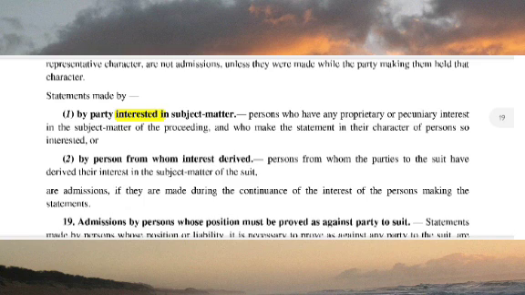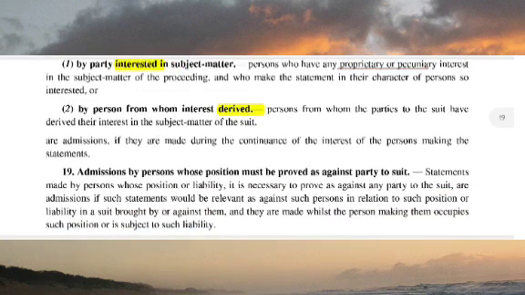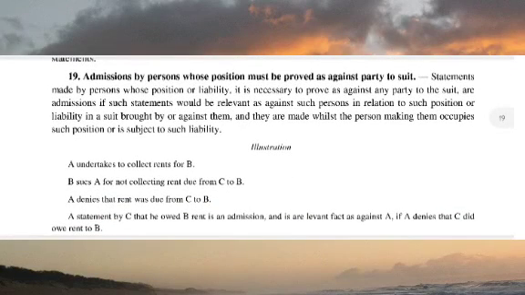Interest may be proprietary and pecuniary interest. Then persons from whom interest is derived. Then comes section 19: admissions by persons whose position must be proved as against a party to the suit. Statements made by persons whose position or liability it is necessary to prove as against any party to the suit are admissions if such statements would be relevant.